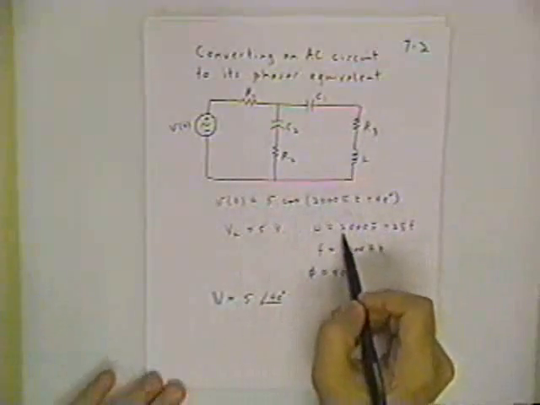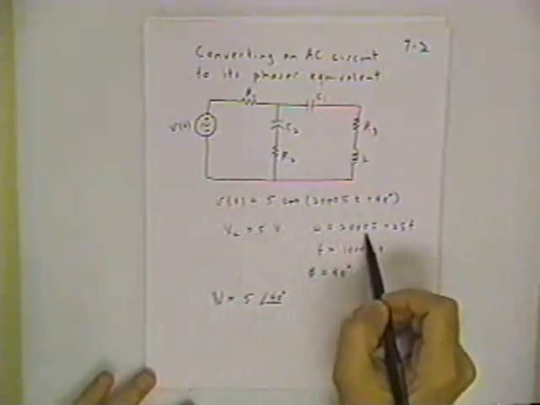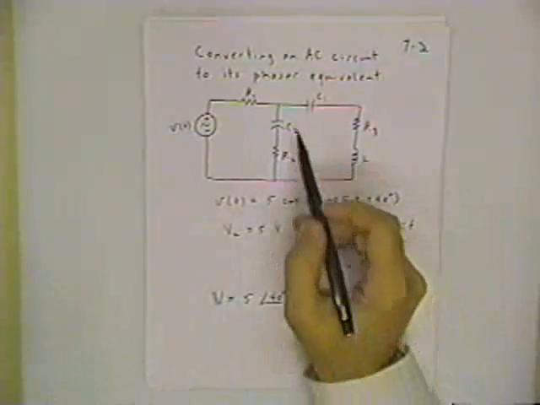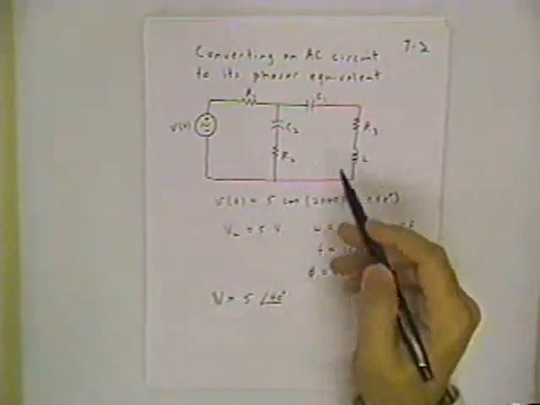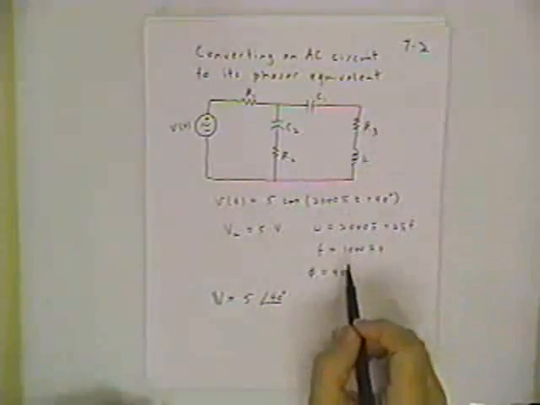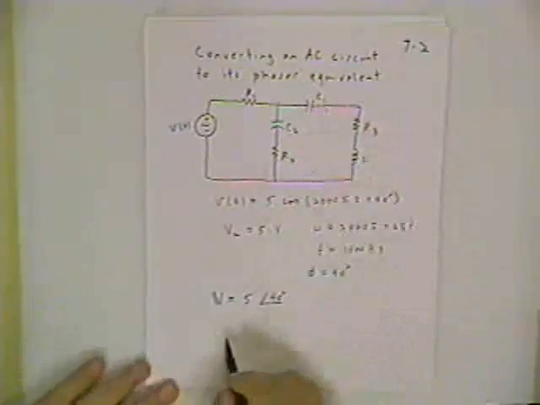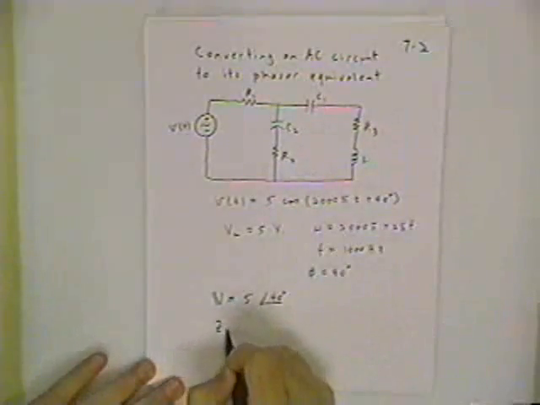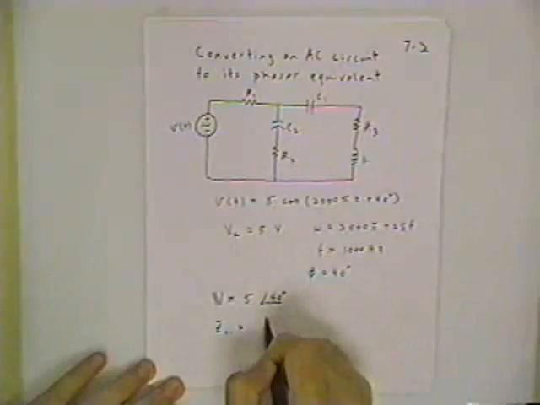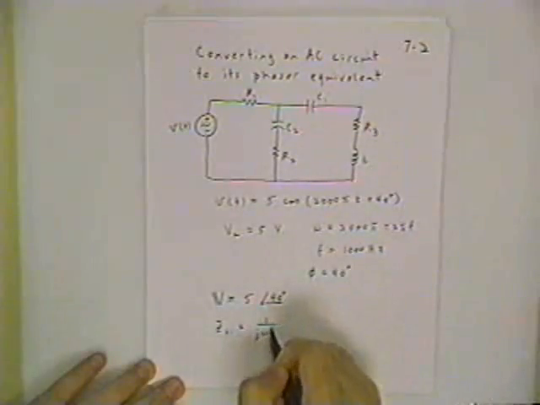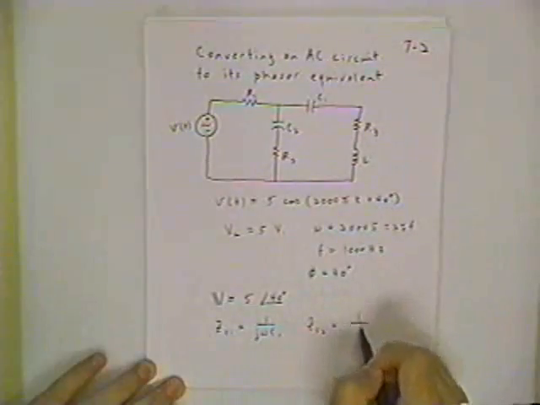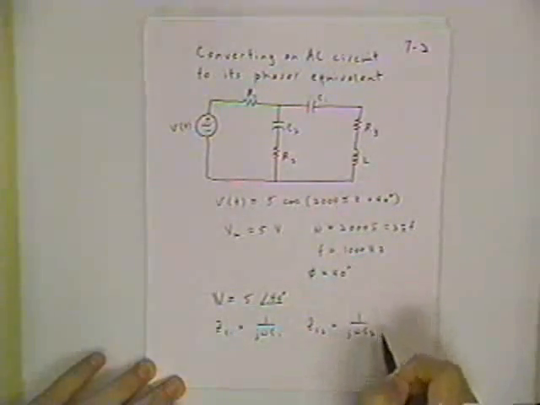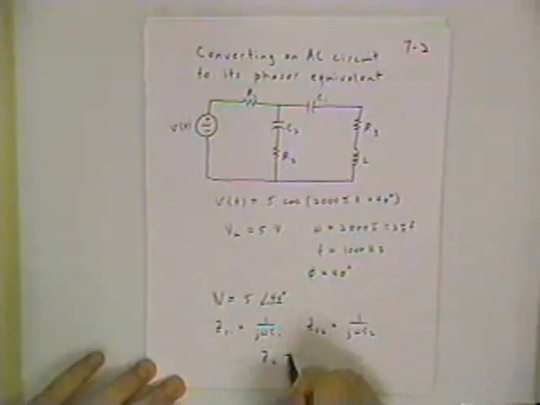But now we need to use the angular frequency omega of 2000 pi to calculate the impedances for C1 and C2 and L given the impedance models and given the values of C1, C2, and L. So let's do that. We'll say ZC1 is equal to 1 over J omega C1, ZC2 is 1 over J omega C2, and Z sub L is J omega L.